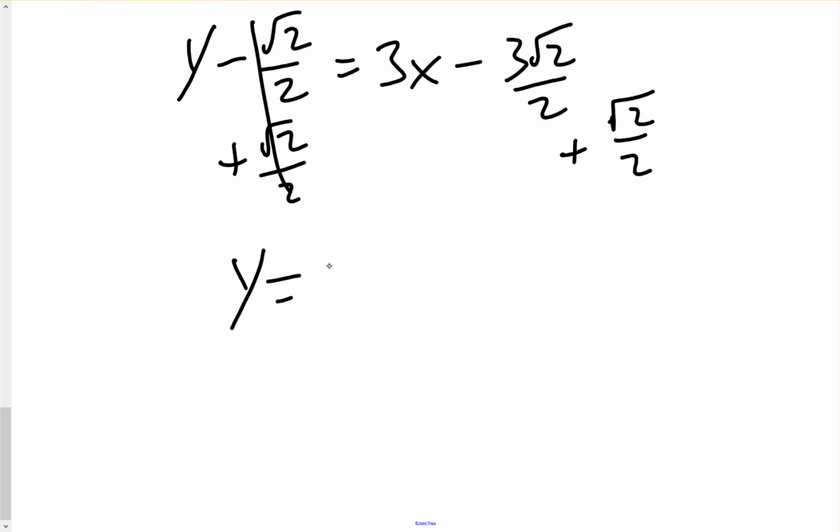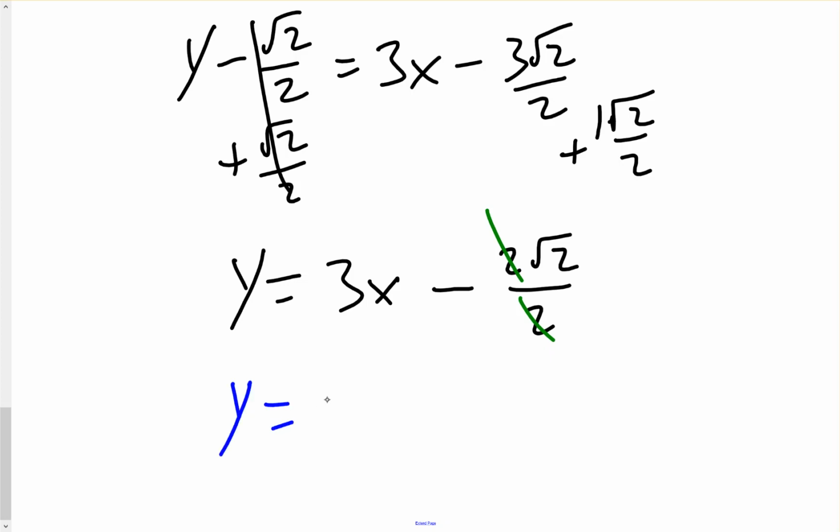So we have y equals 3x. Now a negative 3 square root 2 over 2 plus 1 square root 2 over 2, that would just give us a negative 3 plus 1. That's a negative 2 square root 2 over 2. Cancel out your 2's.